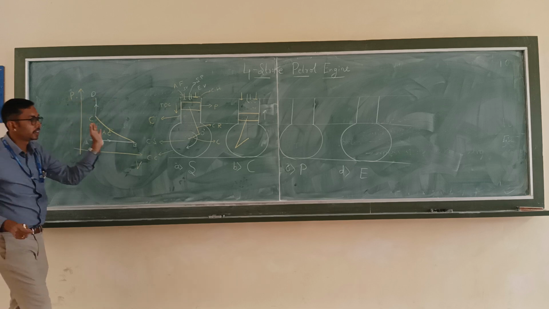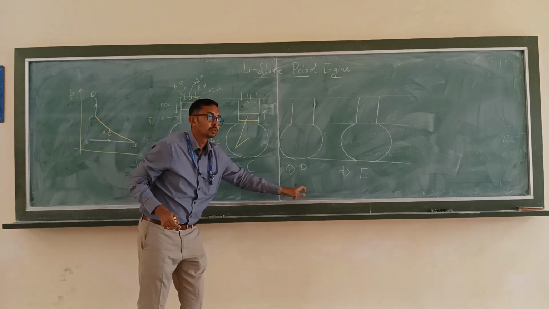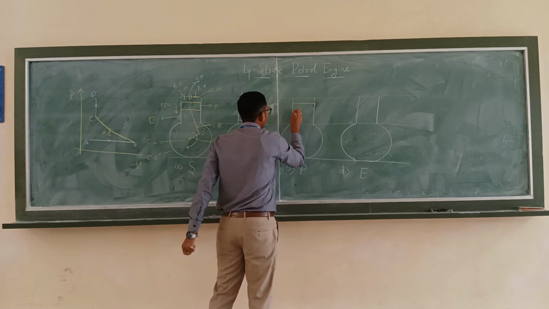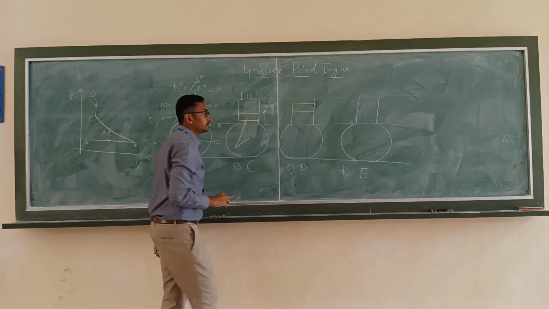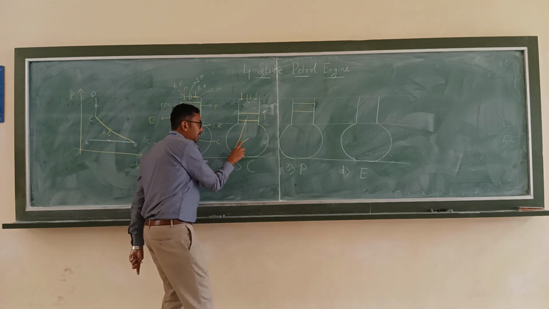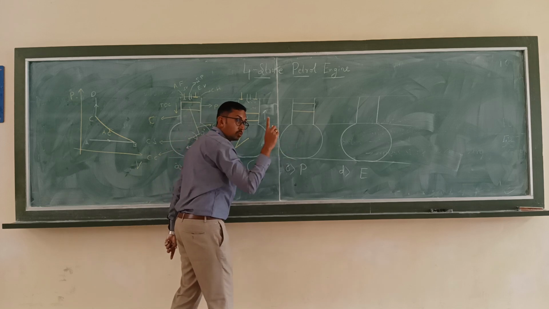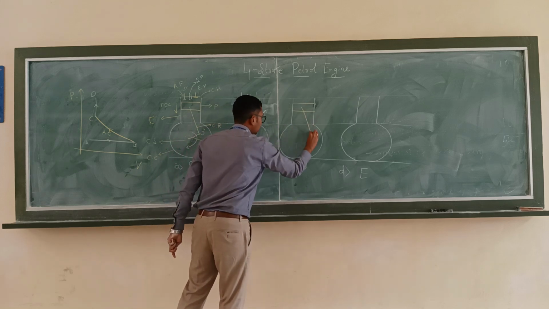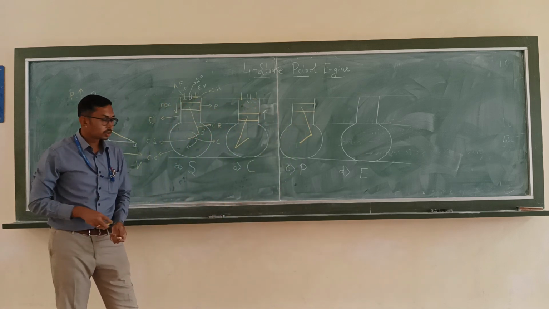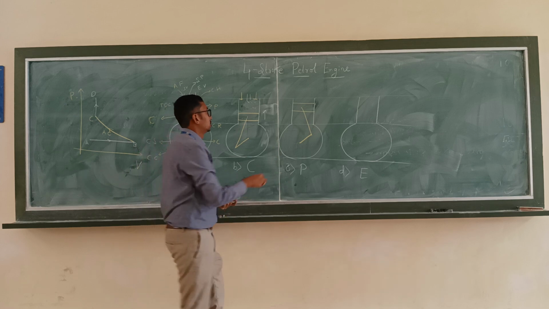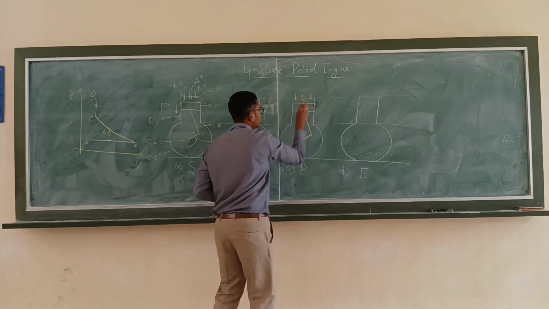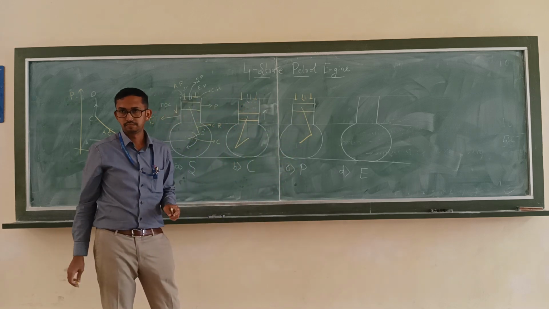Now what happens next? What is the power stroke? During the power stroke, where will the piston be? Top dead center. What is the difference of crank from this to this? 180 degrees. During the power stroke, both inlet and exhaust valves will be closed.